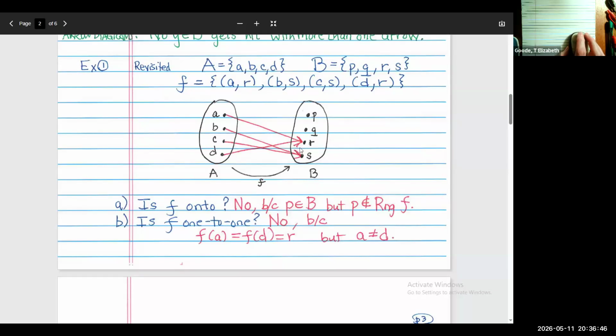Onto means each of these must have at least one arrow hitting it.